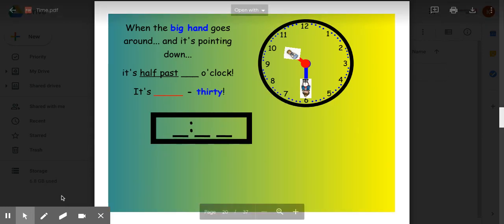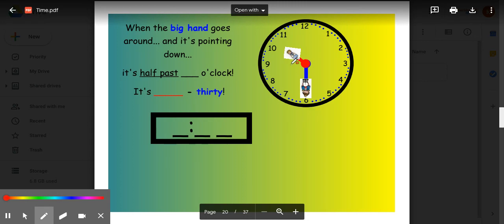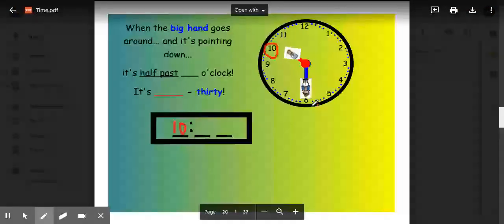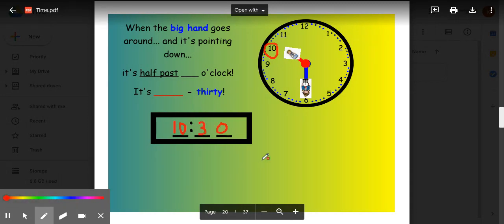All right, let's do this one together. The hour hand is pointing to the, very good, the 10. And the big hand is pointing down, so it's 10 o'clock. Now I want you to pause the video and write in the minutes. Very good. It is blank 30.